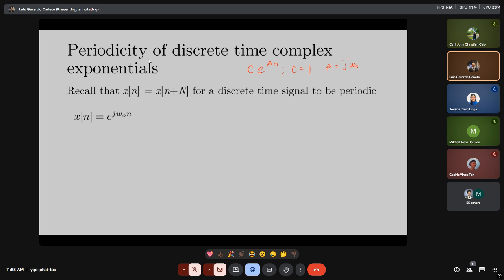So some omega o that you would have right there. So this function right here would just reduce to e to the j omega o of n.